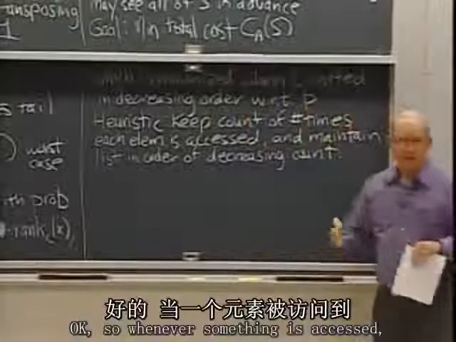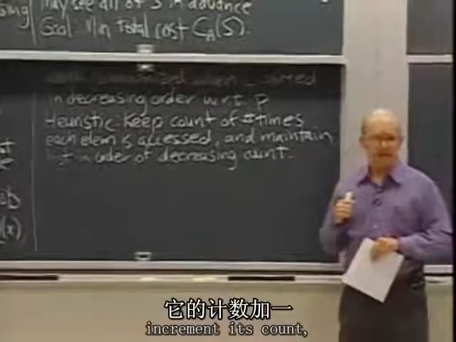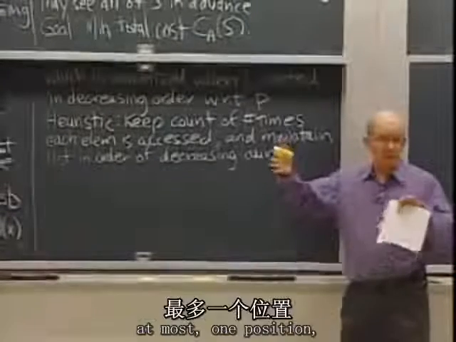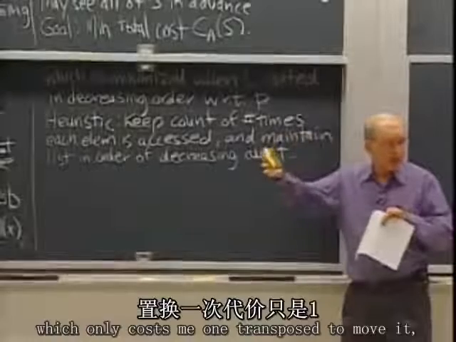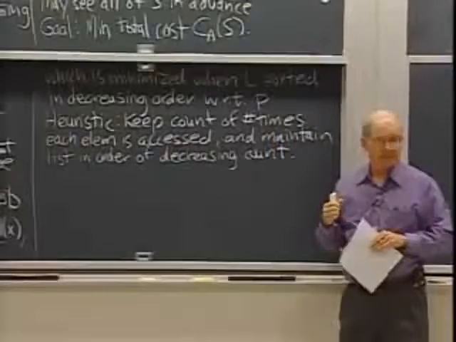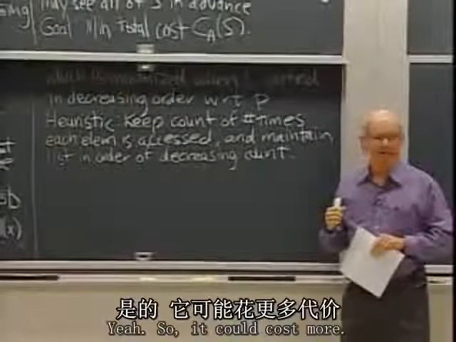So whenever something is accessed, increment its count. And that will move it at most one position, which only costs me one transpose to move it forward. Actually, I guess it could be more if you have a whole bunch of ties. So it could cost more.